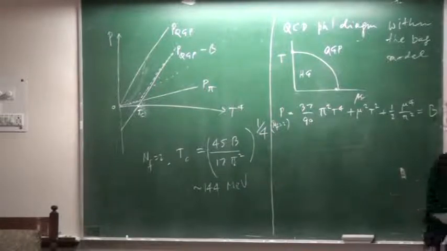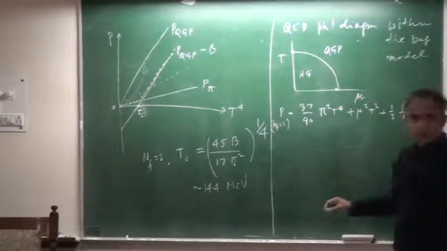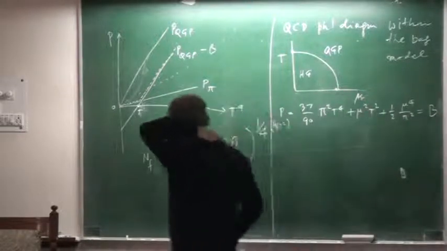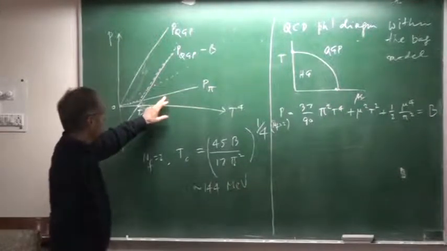Sir, if this is TC, what we were trying to do till now was considering the possible phases at each temperature and seeing which one has the maximum pressure. Here, at the new TC you have drawn, the hadron gas has more pressure. Then why is that phase not achieved? Which phase has more? P pi, the pion gas. P pi has more pressure, right? At that TC that you have drawn now.